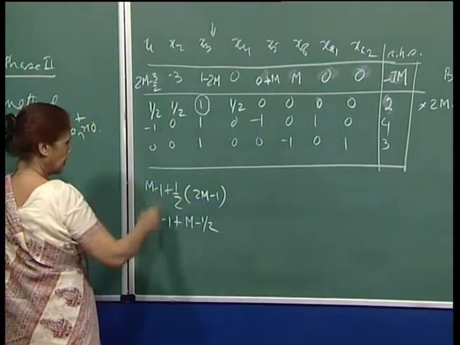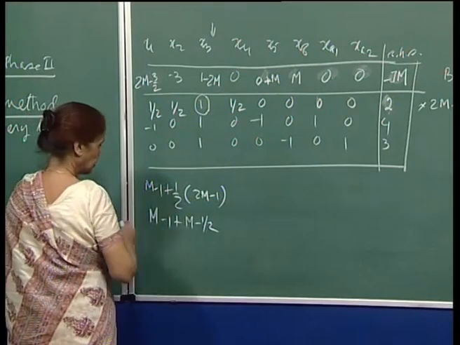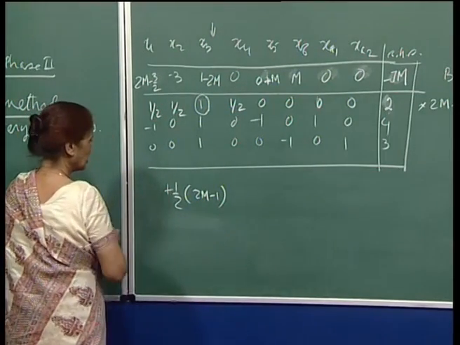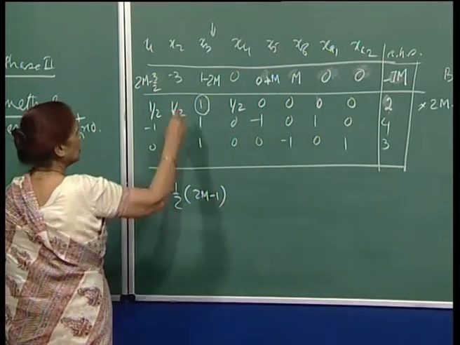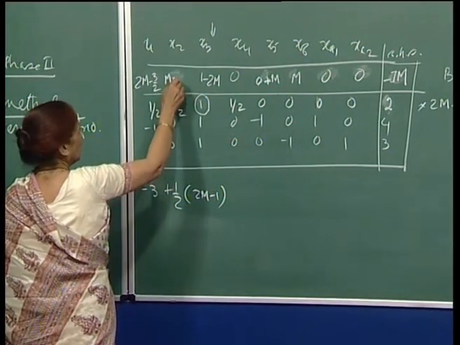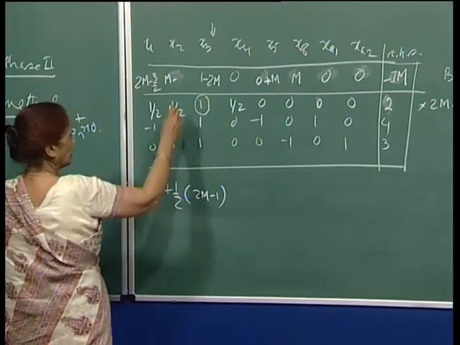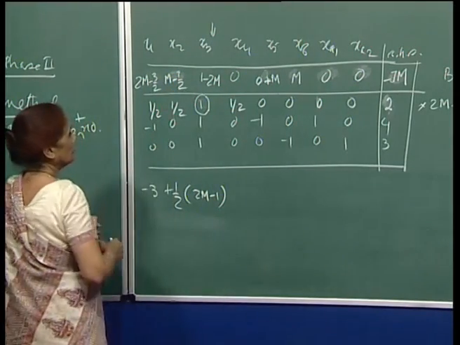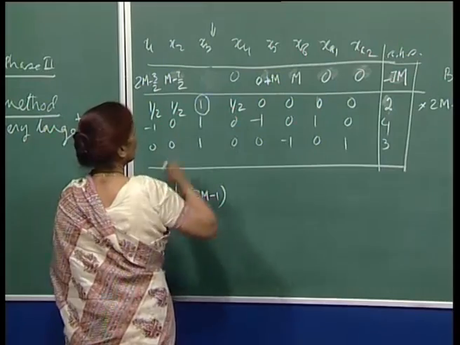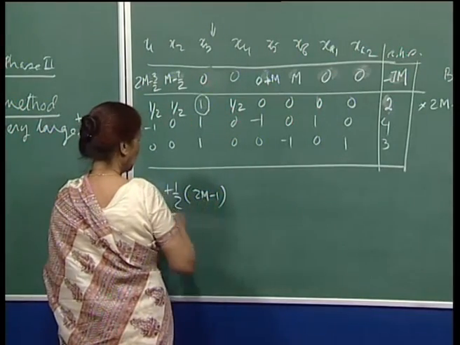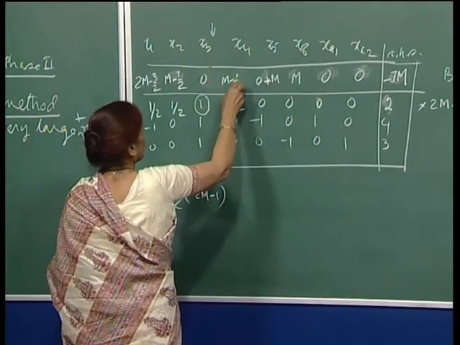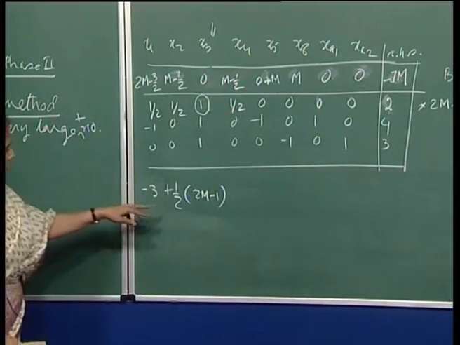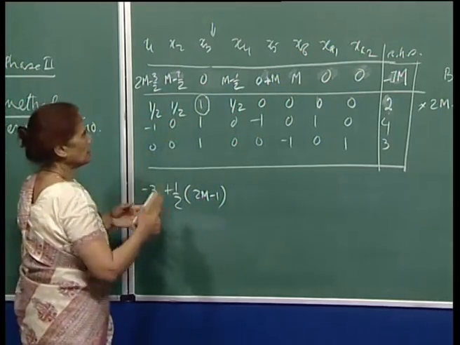Then this is also the same thing. You have this and minus 3. So, here this is minus 3. So, M and so this will be M minus, yes, minus 7 by 2. Fine. This becomes 0. And this is again M minus half. Yes, because 2M minus 1, I am taking the minus of that, right.